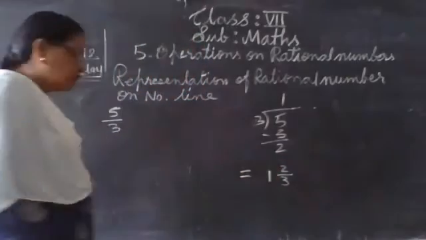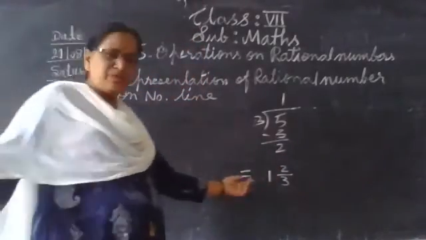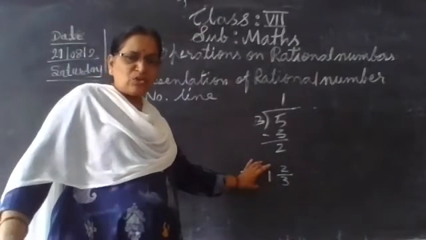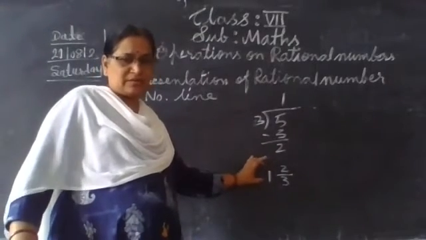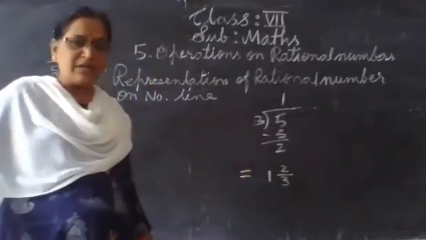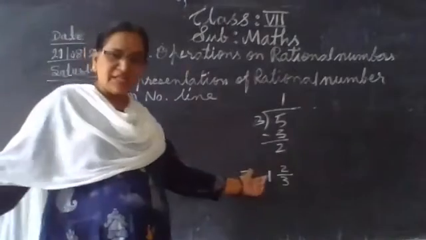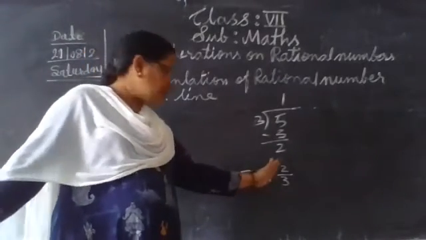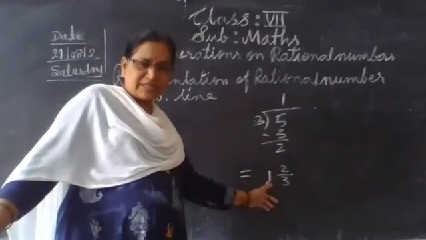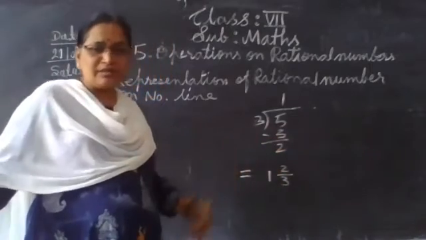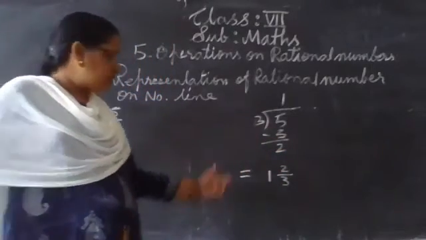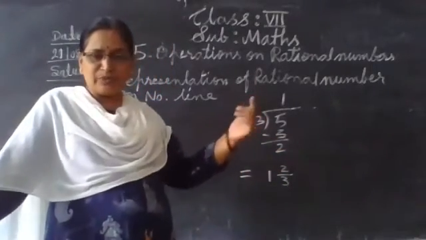And 5/3. So what is the meaning of this, beta? Here the quotient is a whole number. So here the whole number is 1. Means this fraction is greater than 1 because it has some fraction. It is greater than 1 but smaller than 2. So this fraction lies between 1 and 2.